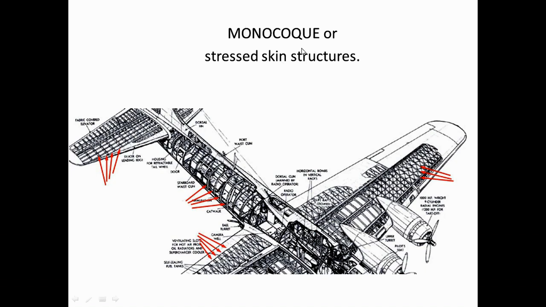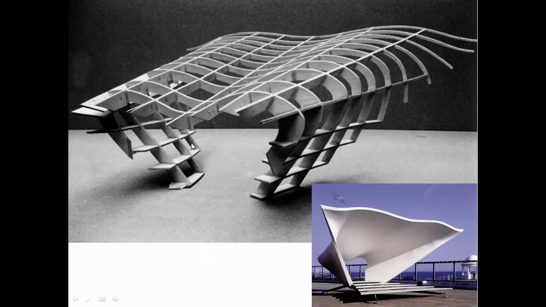Now what we've got is a lattice work of waffle structures inside, and then there's a skin. The skin is part of the overall structural form. So all of the lattice work is mainly working in compression. The skin works as a kind of tensile wrap around the structure. Now this has proved very useful in architecture, building monocoque structures.